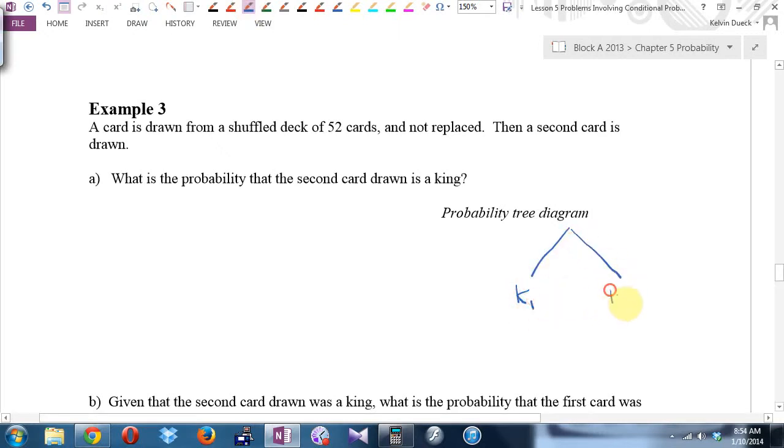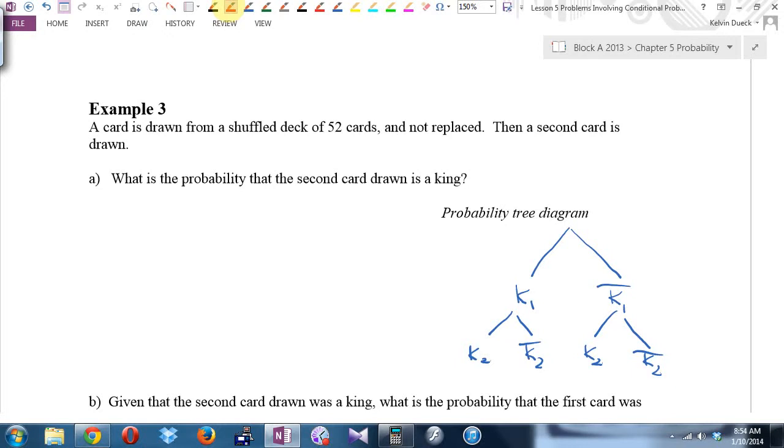King 1, not king 1. King 2, not king 2. King 2, not king 2. We've set up our tree's scaffold.